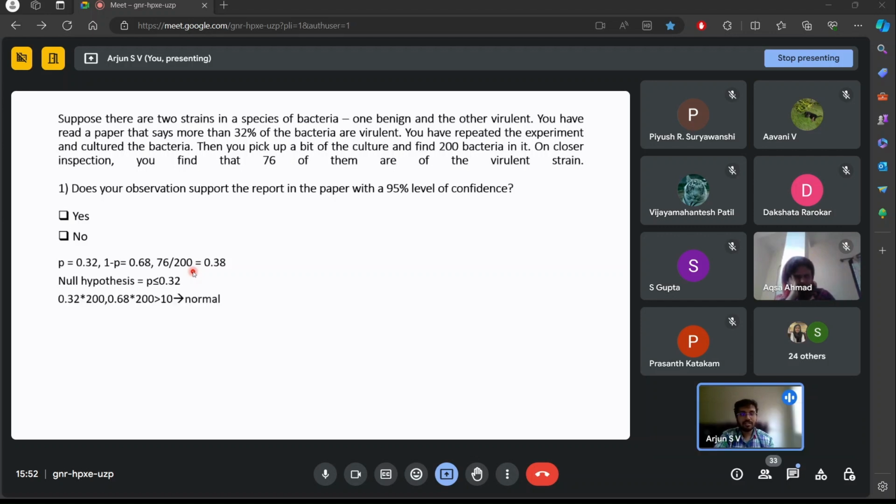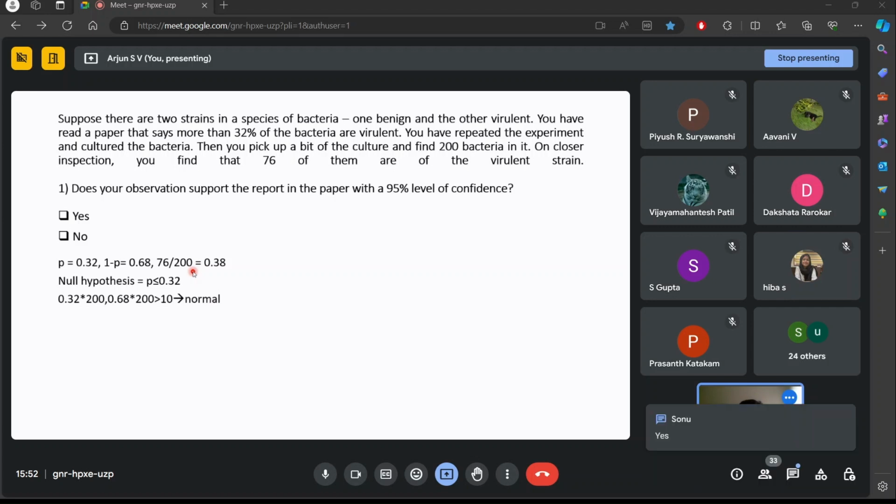Before going to the experiment, you need to find out whether your p values will give a normal distribution. For that, you multiply p and 1 minus p by the number of samples, which is 200. Your 0.32 and 0.68 multiplied by 200 are both at least 10.